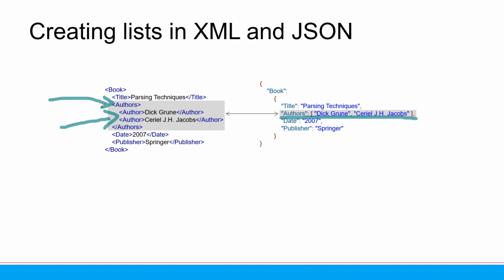Because when you have 100 authors, you need to make author as the beginning of the tag and author as the ending of the tag. Author as the beginning and author as the ending. So if you have 100, then you need to make 100 tags. That's why people think that, okay, JSON is much more interesting. It's easier and it is understandable.